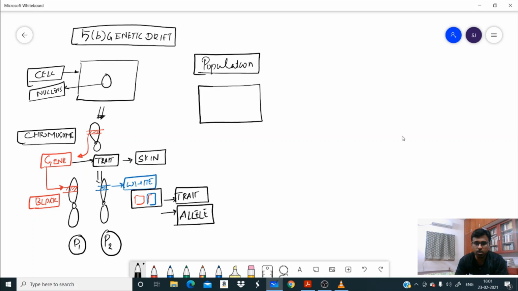In a population, I am assuming the frequency of the allele for white is 0.5, so it is equal. A population will have equal frequency of white and black genes. But this is the normal concept of gene, frequency, allele, everything.